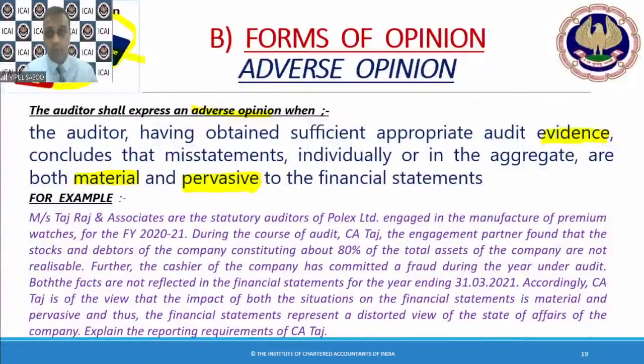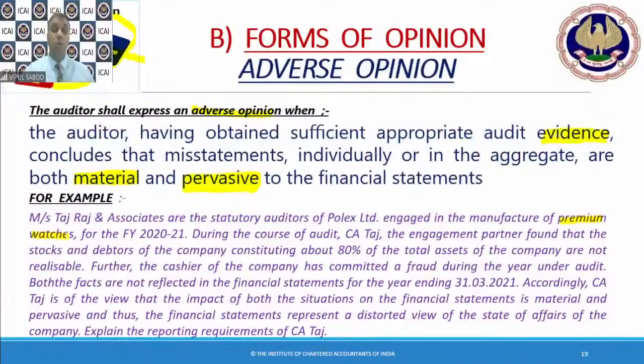SA 705. Let us take an example. Messrs. Taj, Raj and Associates are the statutory auditors of Polex Limited, engaged in the manufacture of premium watches, for the financial year 2021.